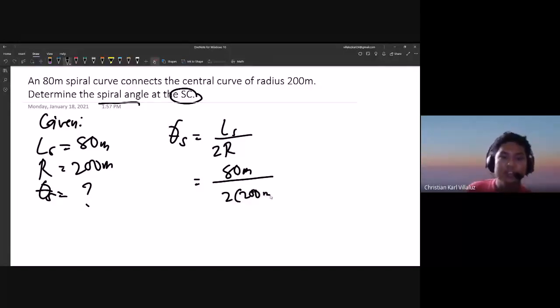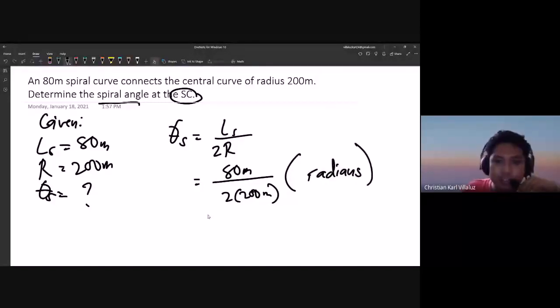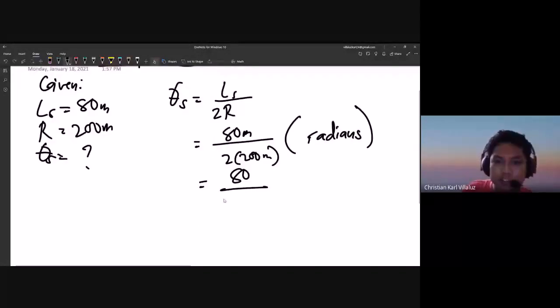So class, ang kalalabasan lagi sa formula na ginamit natin para sa theta S ay lagi naka-radian. So we have to convert that to degrees. Kasi kung minsan nagagamit yung theta, yung spiral angle sa ibang computation ng any part of the curve, which is hindi dapat naka-radian ang gagamitin natin.